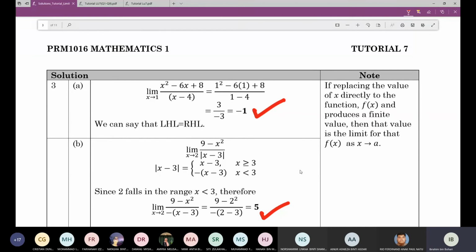Okay, soalan. You boleh type dalam chat meeting. Saya tunggu kalau ada soalan.